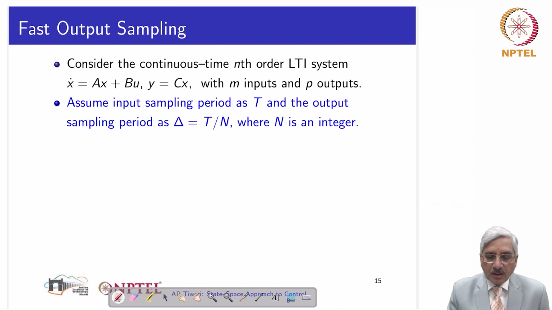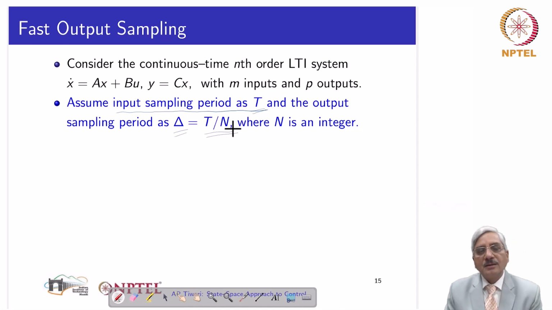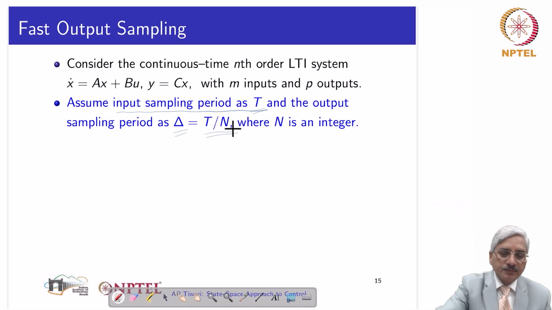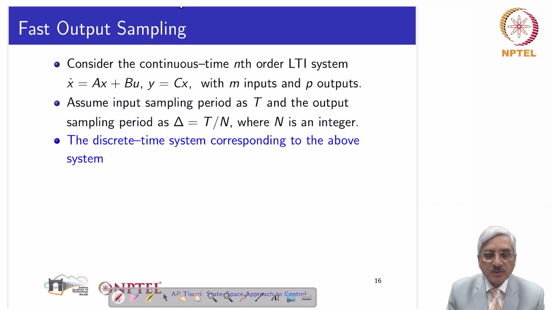Now we assume that on the input side, the sampling period is capital T, and on the output side the sampling period is delta, which is T divided by n, n being an integer. So basically in fast output sampling, the outputs are to be sampled at a faster rate than the input.